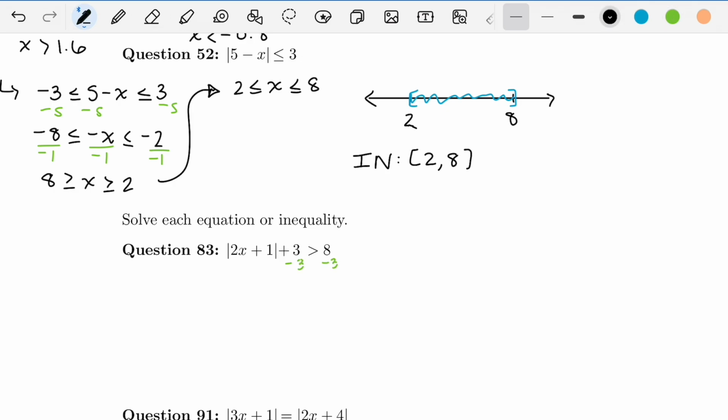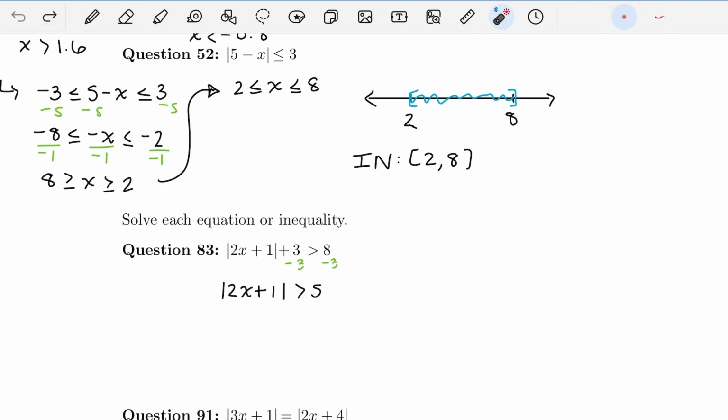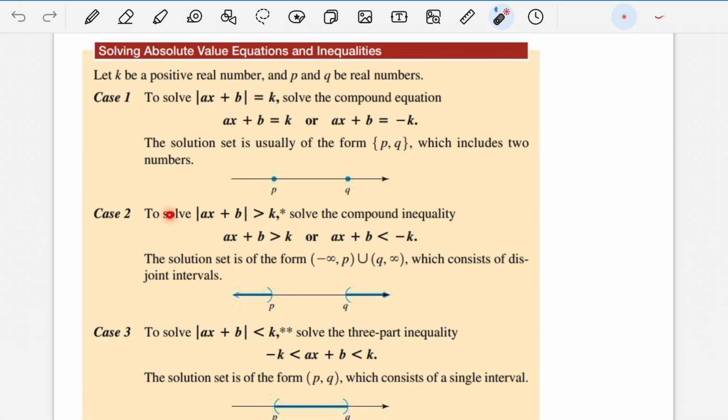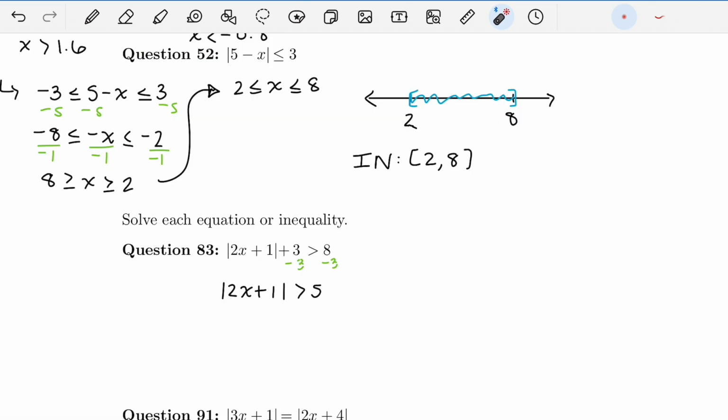We'll end up with |2x plus 1| is going to be greater than 5. And so now we're more comfortable with this form here. We have our absolute value by itself, and then we have that this guy is going to be greater than 5. So in this case, we're dealing with case 2 here. So we're going to write this compound inequality and then solve for x.